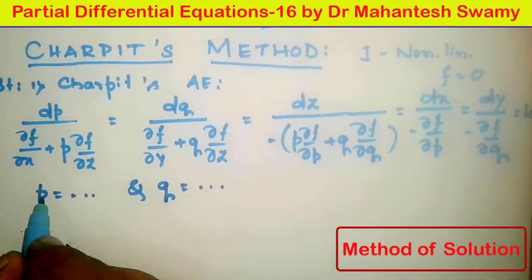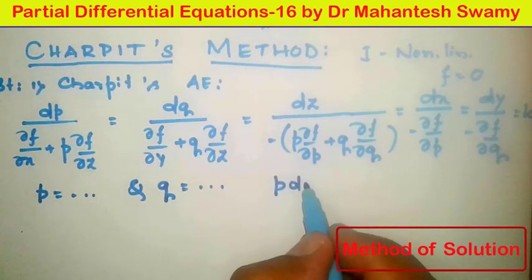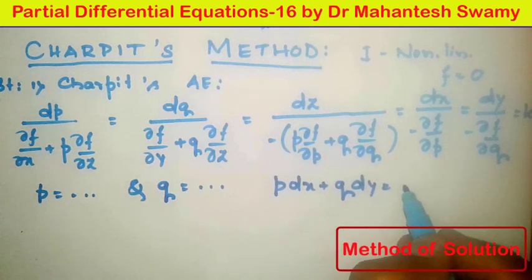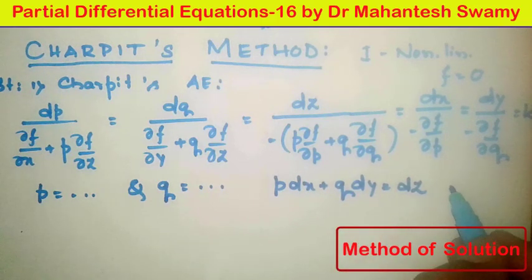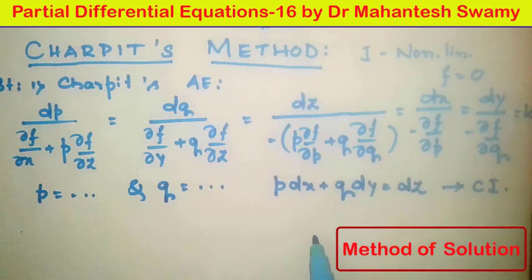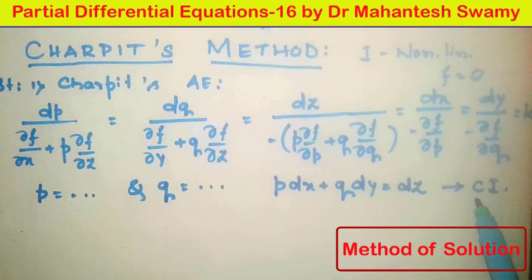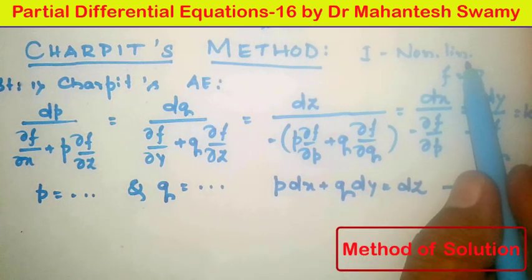And finally we have to use the well-known equation, that is p dx plus q dy equal to dz, and then we have to integrate it in order to get the required complete integral. So this is how one can proceed as per the Charpit's method to get the complete integral of a first order nonlinear partial differential equation.